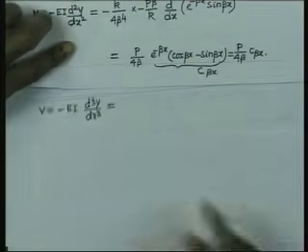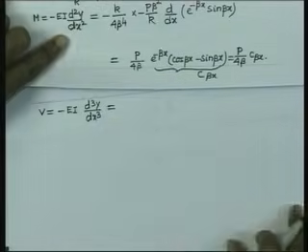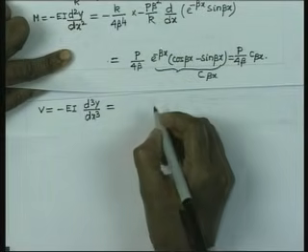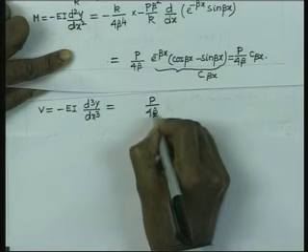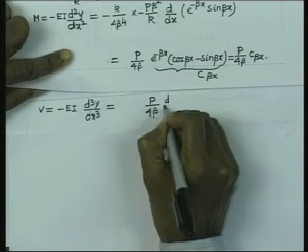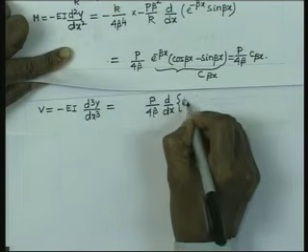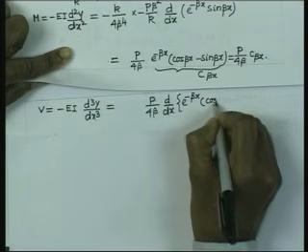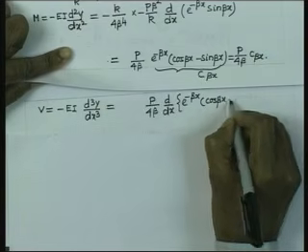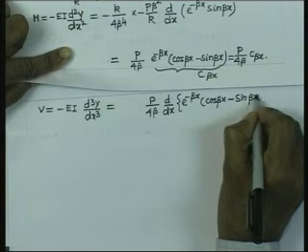Once we take the value of d2y by dx square from this relationship, this gives us p by 4 beta d by dx of e to the power minus beta x into cosine beta x minus sin beta x.